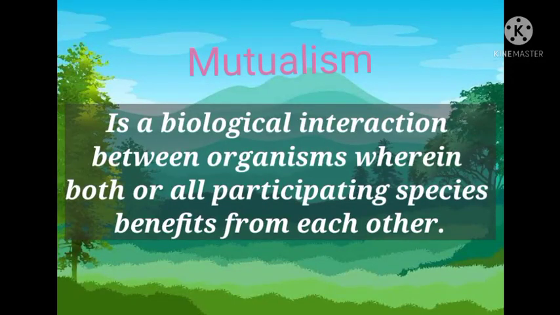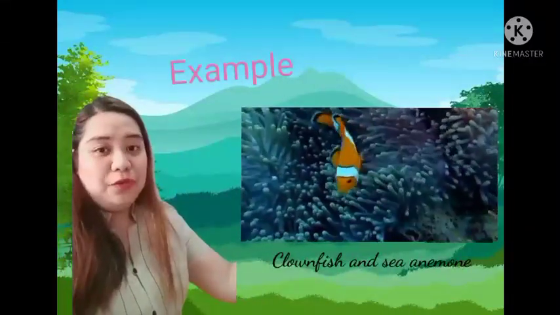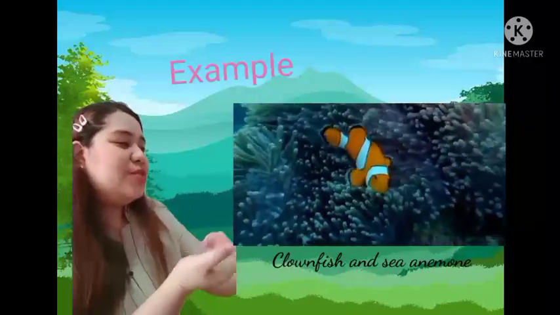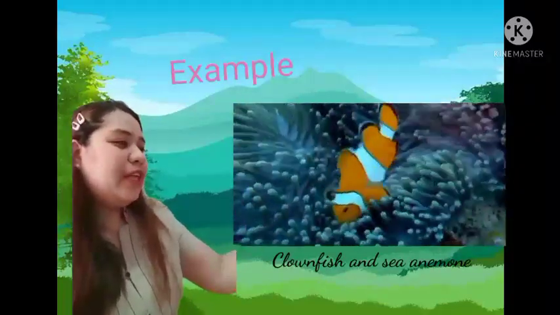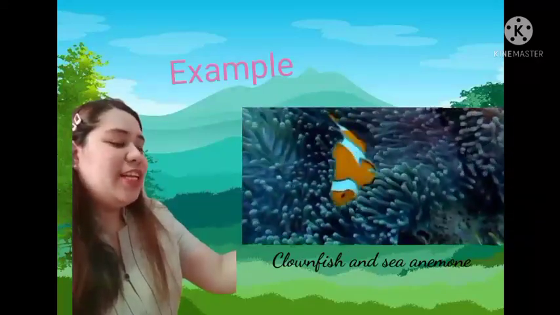Mutualism is a biological interaction between organisms wherein both or all participating species benefit from each other. An example of this is the sea anemone and the clownfish. The clownfish gives nutrients to the sea anemone and protection from predators, while the sea anemone gives protection and shelter.